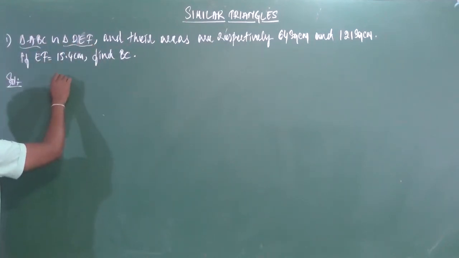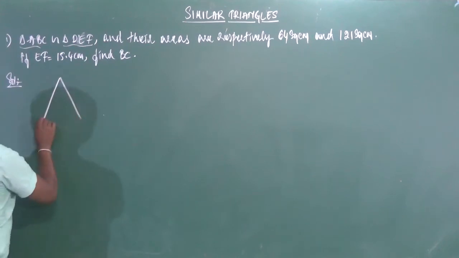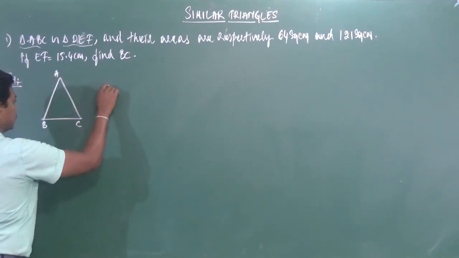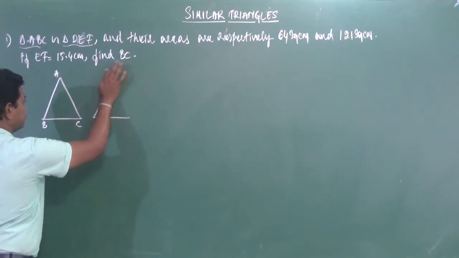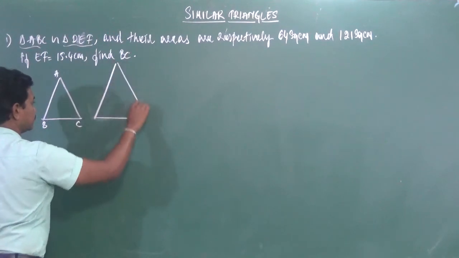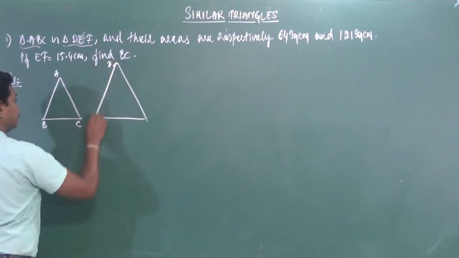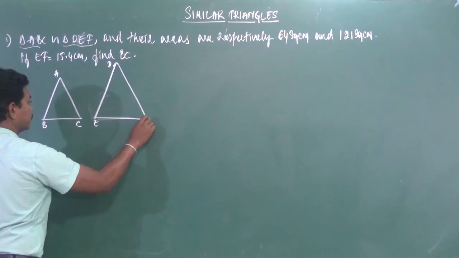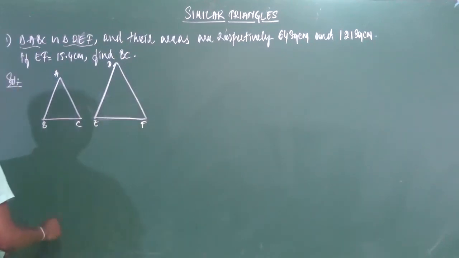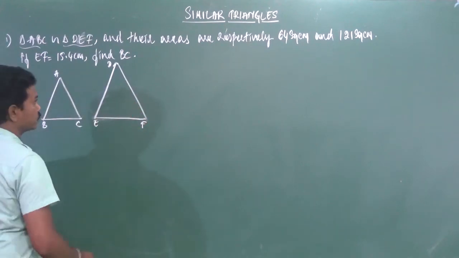For our reference, we can draw 2 triangles here. One is triangle ABC, another is triangle DEF. Let us go with a little bigger one for triangle DEF. These are the 2 triangles, and their areas are respectively 64 square centimeters and 121 square centimeters.